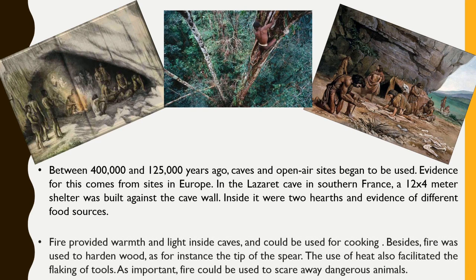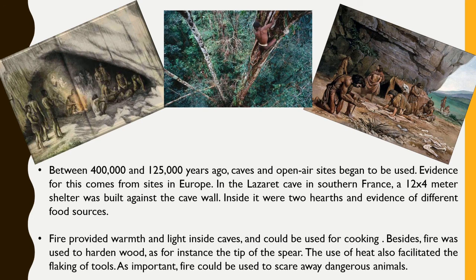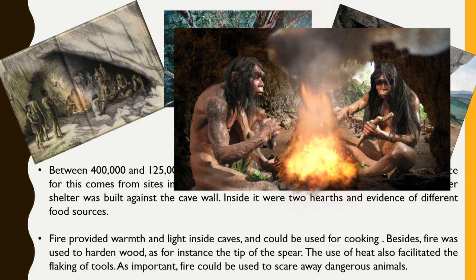The second thing that early humans discovered is fire. Fire plays a very important role in the lives of early humans and today also. So what was the importance of fire?